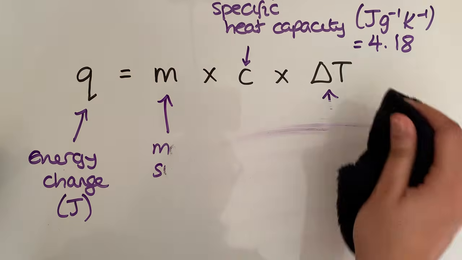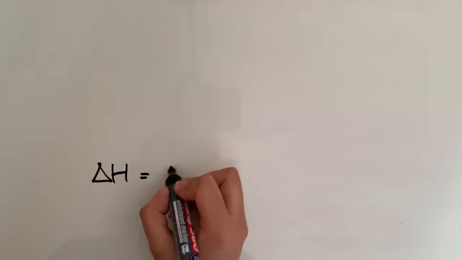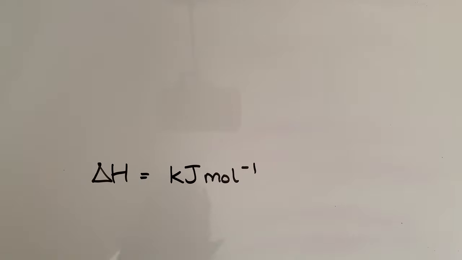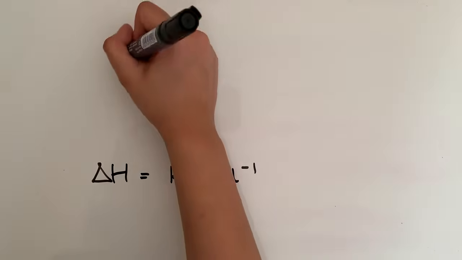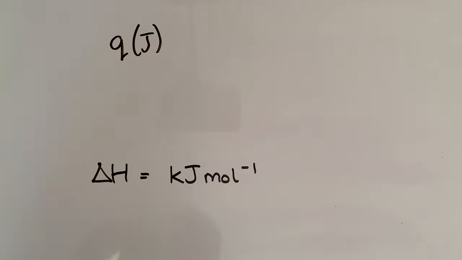We still haven't got to our enthalpy change, because as we know, enthalpy change must be in kilojoules per mole. Okay, at the moment we have an answer, so our Q is in joules. So we need to somehow get from our joules to kilojoules per mole.